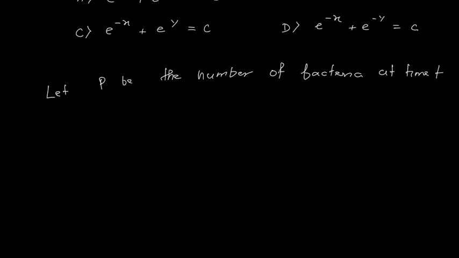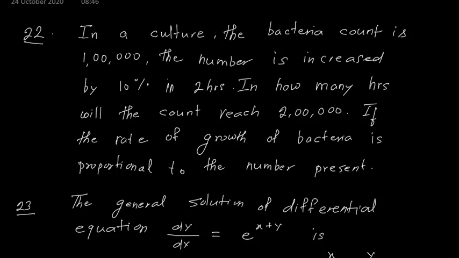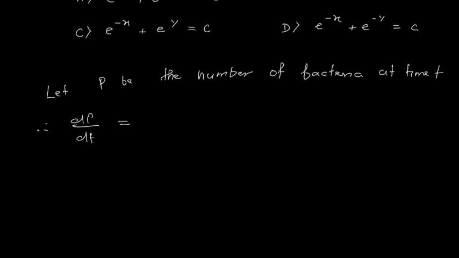So it is given that dP upon dt is equal to the rate of increase, which is 10% of P in 2 hours. So per hour the increase is 5%, that is 5% of P in 1 hour.